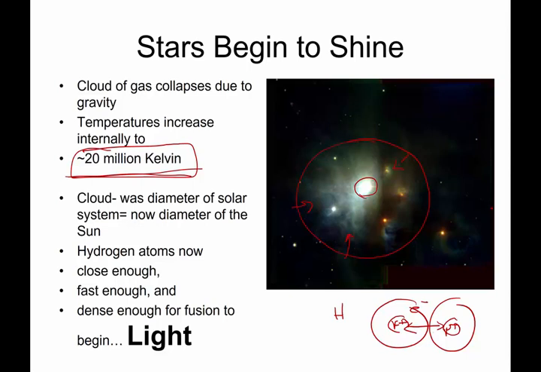They can get close enough for that strong force to take over and actually start creating fusion and releasing energy.